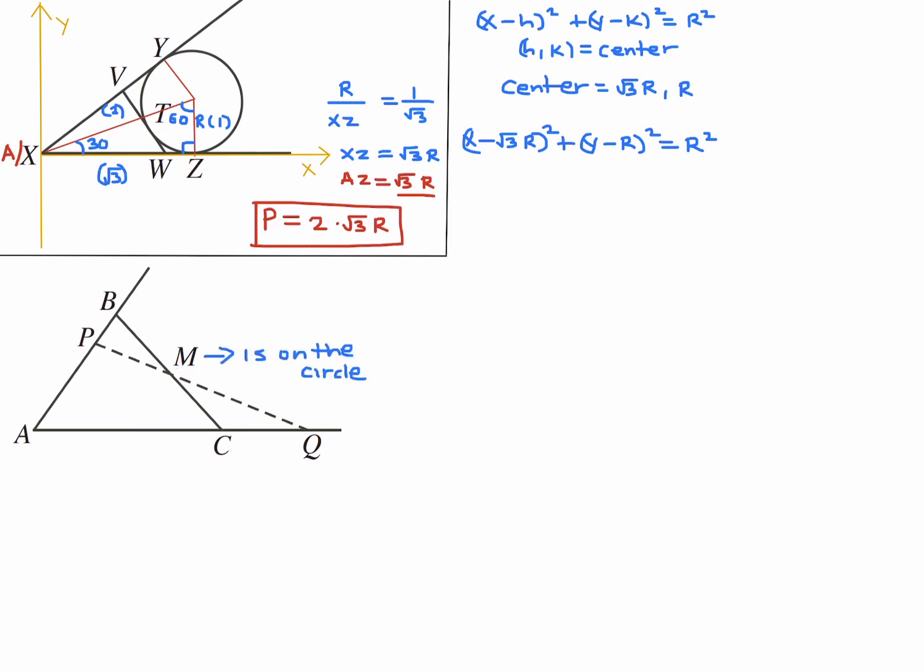So what I need to do is figure out the coordinates of M, and if I do, I can substitute it back into the equation of the circle. Why? Because M is on the circle. It's the tangent point. And how do I figure out M? Well, M is the midpoint of BC. So if I can figure out the coordinates of B and C, then I can figure out M through the midpoint formula. So here we go. Let's figure out the coordinates of B and C.